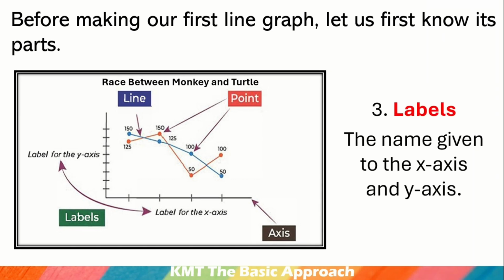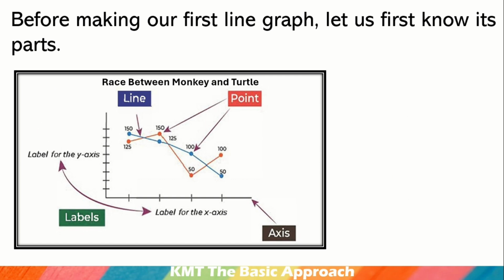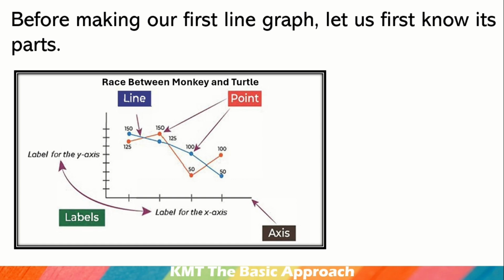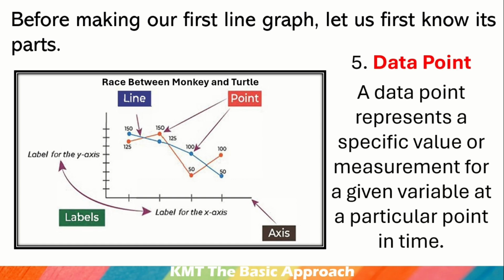Number 3, labels. The name given to x-axis and y-axis. Number 4, line. It is the line segment that is used to connect two or more data points. Number 5, data point.